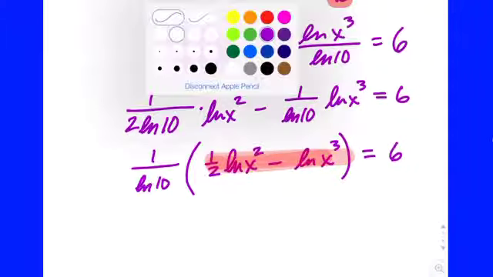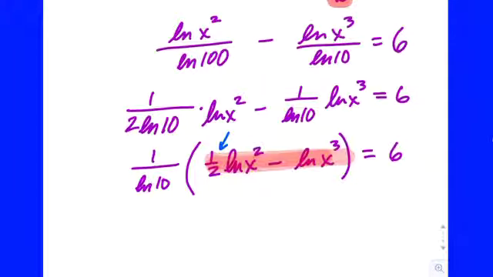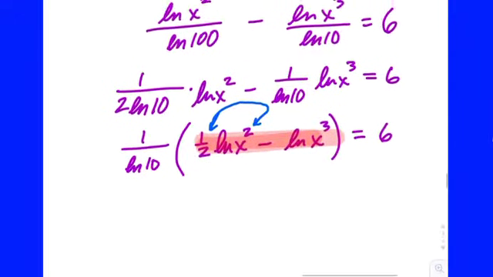Before I can condense those ln's, what must I do with this 1/2? I need to bring it back up as an exponent. I could have brought that whole thing up on the previous line, but yucky, gross, right? So by factoring out the 1 over ln of 10, I get the yucky part out front.